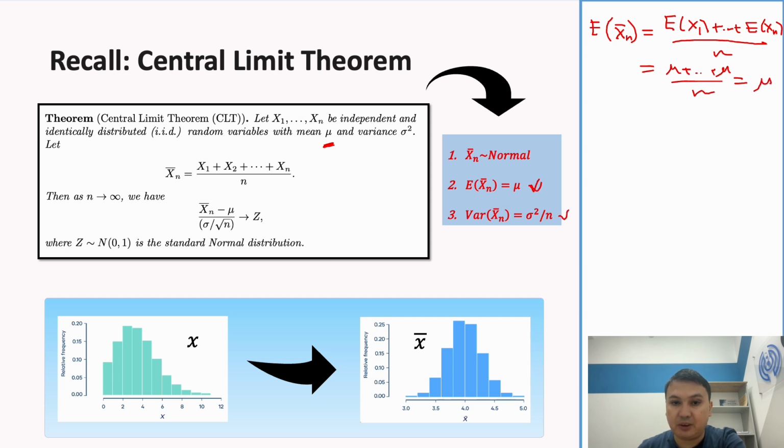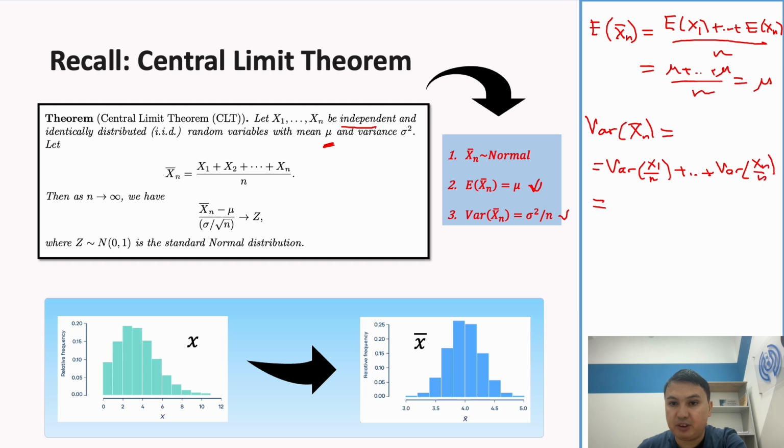Okay, how about the second one? For the second one, we have a similar property for variance, but we need independence, and indeed we have independence. So the variance of Xn bar, I can write as the variance of X1 divided by n plus X2 divided by n, and so on and so forth. Then it becomes the variance of X1 divided by n through the variance of Xn divided by n.